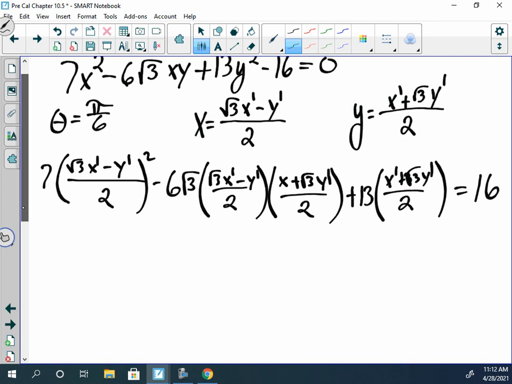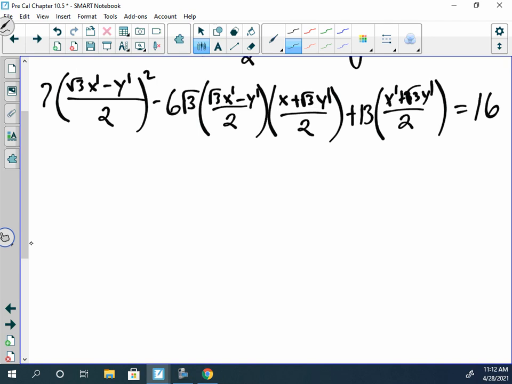Now, out of all these, this one's going to be the nicest one to multiply together. Because as we saw already, the numerator is a difference of perfect squares, so it's really going to be the first term squared minus the second term squared.